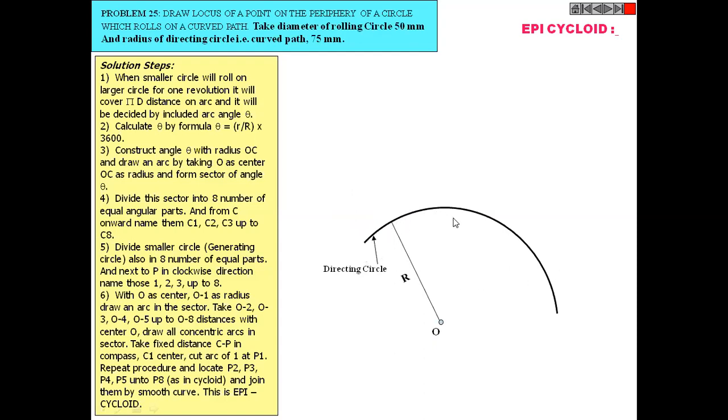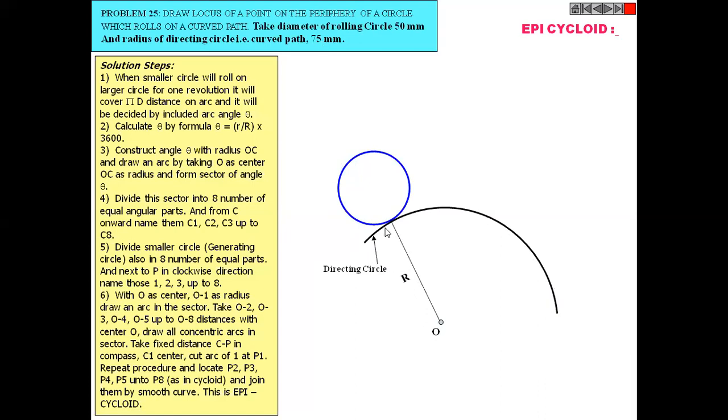It will roll on the directing line. This directing line is curved and is a part of another circle. The path has a radius of 75 mm. So you have to draw a circle of diameter 50 mm. Then draw arbitrarily one arc having a radius equal to 75 mm.